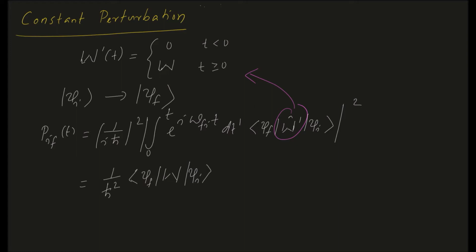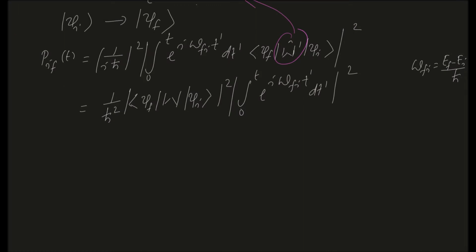Then we have the integral from 0 to t of e raised to i omega_fi t prime dt prime, the modulus square, where omega_fi, if you remember, is given by (E_f minus E_i) by h cross.